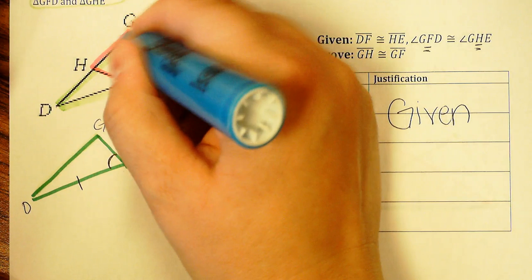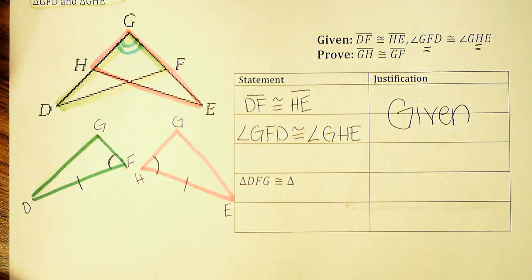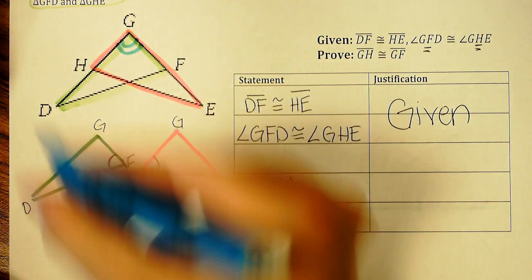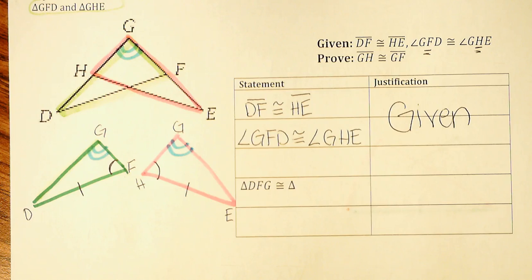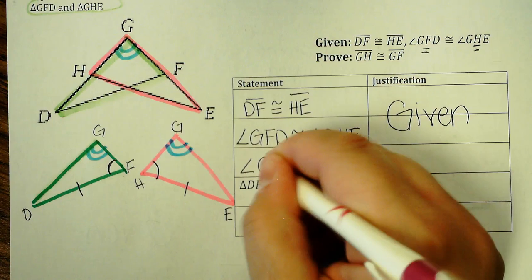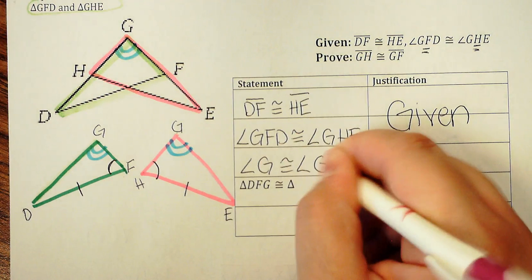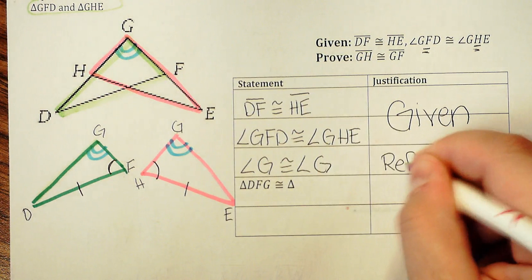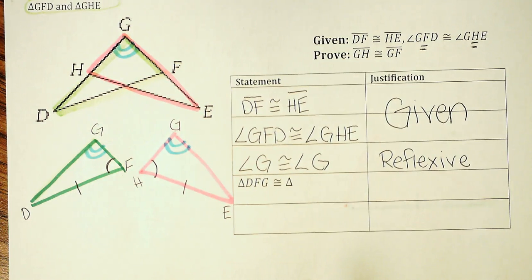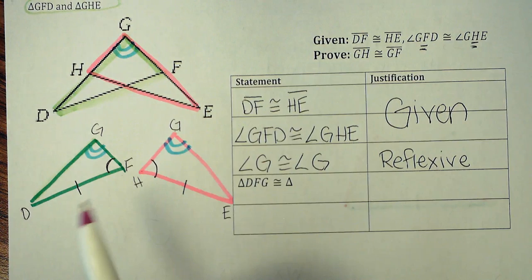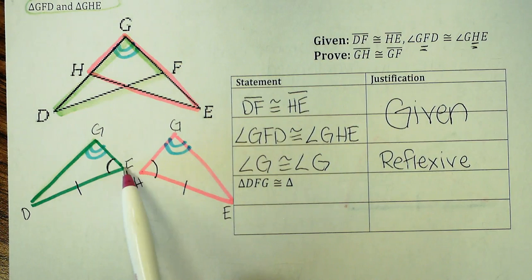Both of these triangles have angle G as part of their triangle, so I'm going to put a double curve on that because I don't know if it's the same as the other angle. And I'm going to say angle G has to be congruent to itself. It's in both triangles. That's just a reflexive property. Now, I've got to complete my congruent statement. So we're going to say these two triangles are congruent. This is labeled DFG.